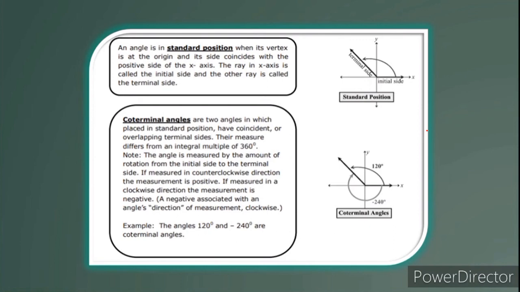Coterminal angles are two angles which, when placed in standard position, have coincident or overlapping terminal sides. Their measures differ by an integral multiple of 360 degrees.